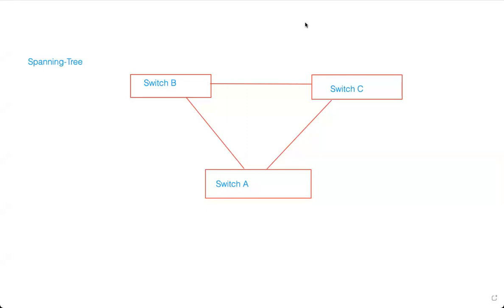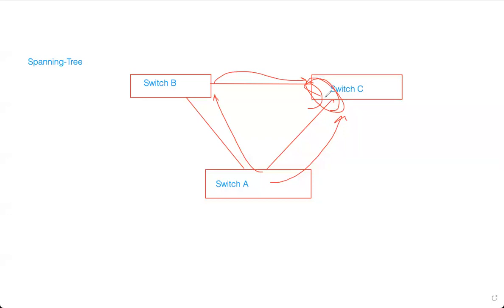Okay, spanning tree is used to avoid layer 2 loops in the network. When the same frame is coming from two different places, for example on switch C, the same frame is coming from switch A and the same frame is going to switch B and coming to switch C, there is a loop here between these two ports.